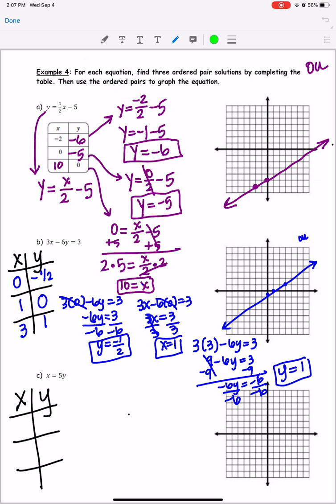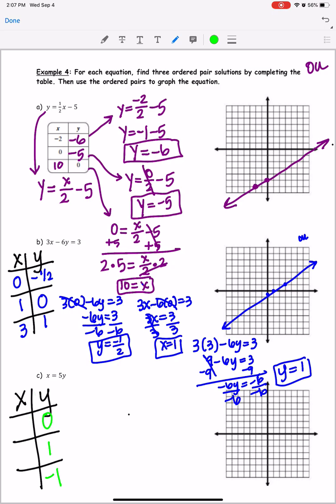Because this one is solved for x, the easiest thing to do is to plug in numbers here. Now you're just doing 5 times whatever number you want to plug in. Let's start with an easier one: 0, 1, negative 1.